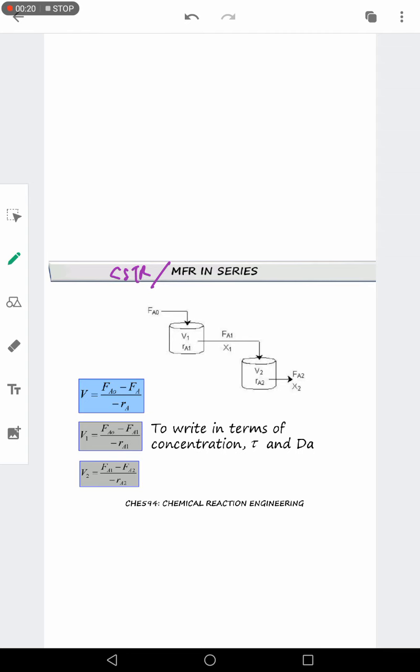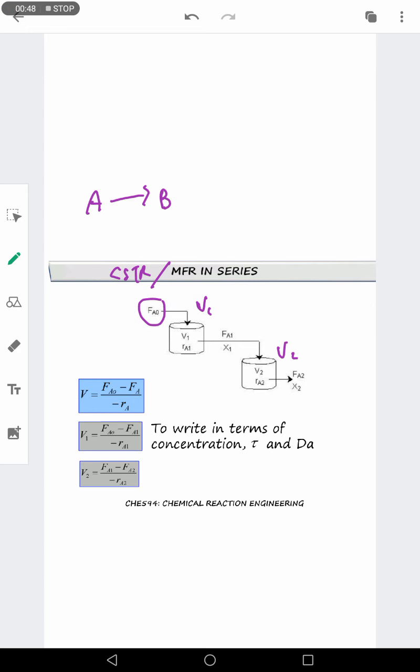So, let's say that you have a chemical reaction of again A producing B. In this single reaction taking place in CSTRs in series, for example, we have volume 1 of CSTR, volume 2 of CSTR. So the initial feed rate is FA naught.